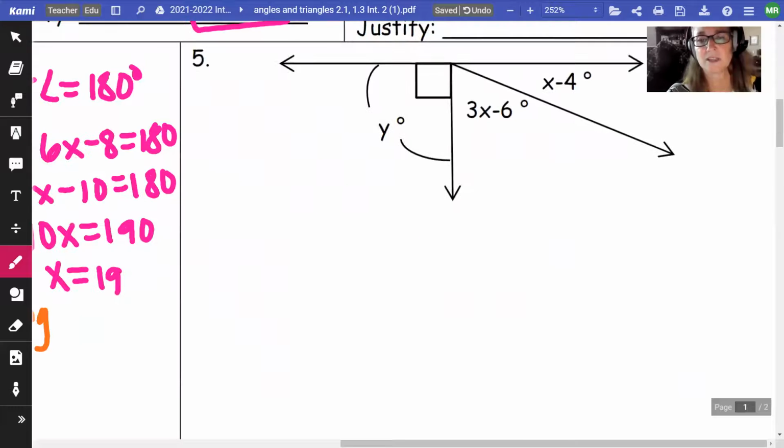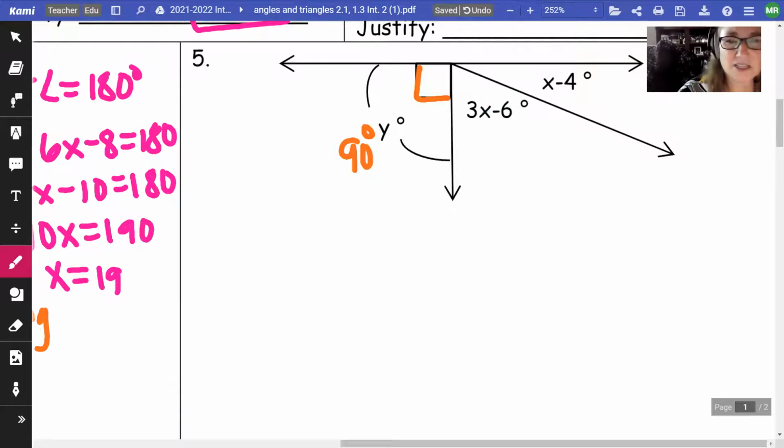Okay, on one like this, the minute you see this symbol, that tells you that this is 90 degrees. That's a symbol for 90 degrees, right angle. Now, a couple ways you can think about this. You can think about this angle plus this angle plus this angle, that all three of these add to 180 because they form a straight angle.